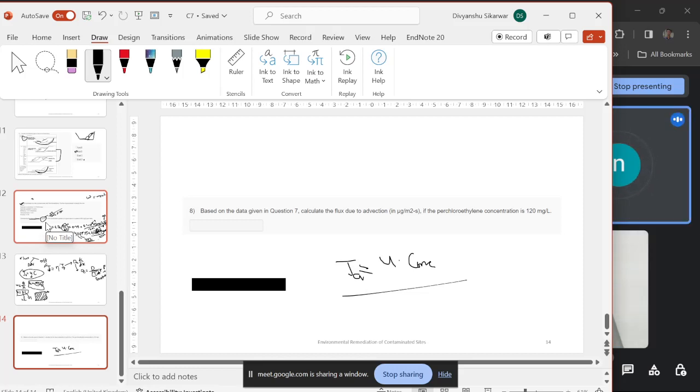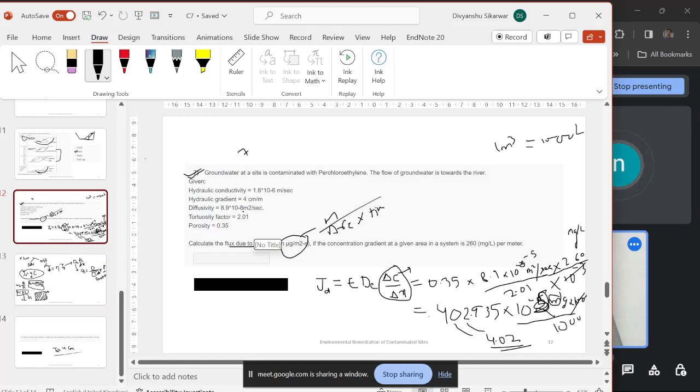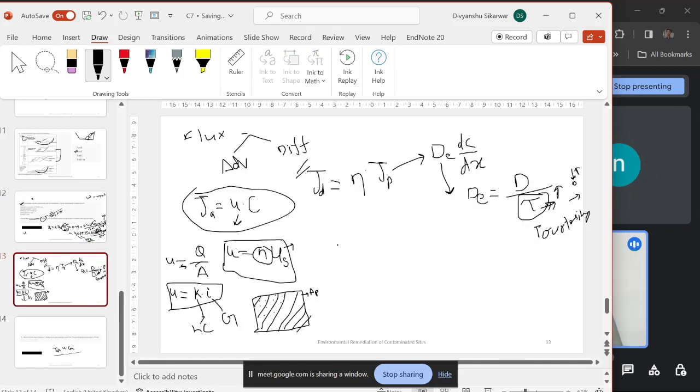Sir, here velocity is not given, sir. So, Darcy's velocity actually you can calculate by this formula also. Darcy velocity is equal to hydraulic conductivity into gradient. Okay, sir.